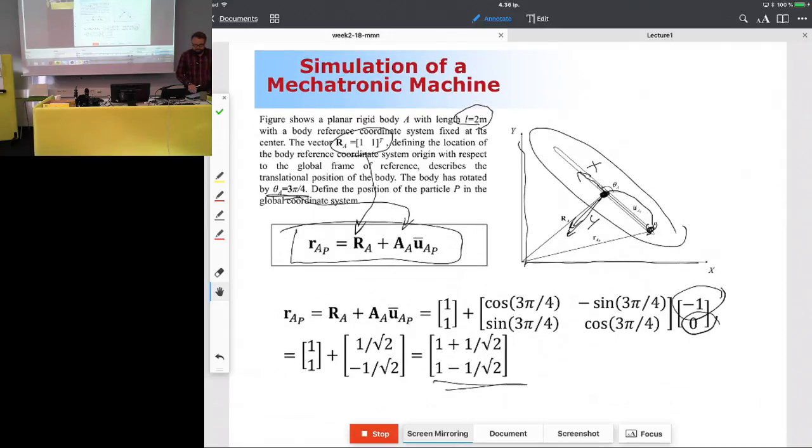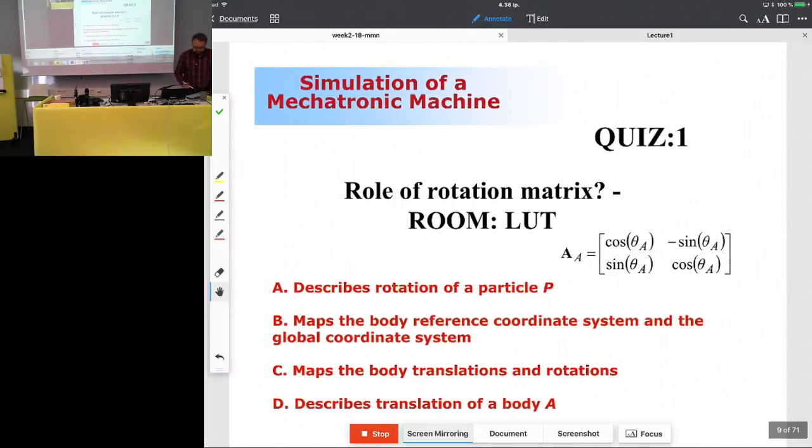Okay. So my first question is this. What is the role of the rotation matrix? Now I'm expecting a success rate of 110%. 100%. All right? So the choices are: describe the rotation of the particle.